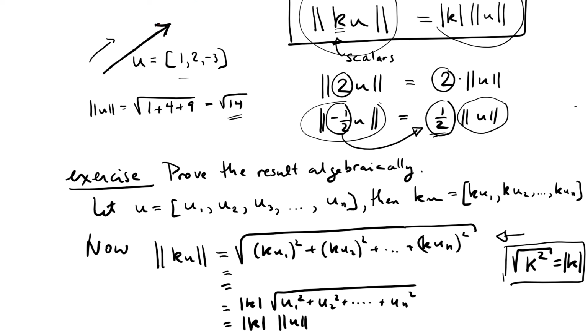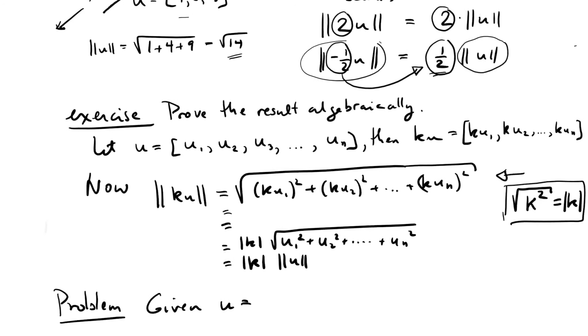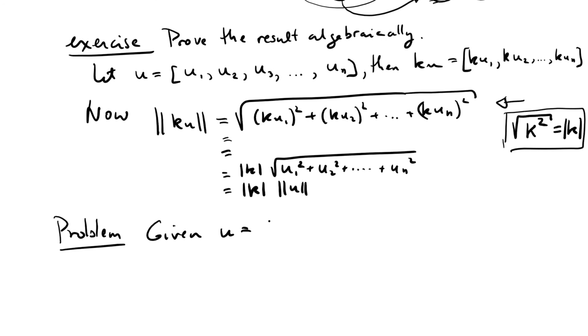So I'd like to create a vector that's pointing in the same direction as u, but of length 1. And eventually I'll also want to create a vector that's opposite, of length 1. But that's easy. Once I've got a vector in the same direction of length 1, I just take the opposite of that vector and I'm done. So, a problem: I'm given u, the vector (1, 2, -3).